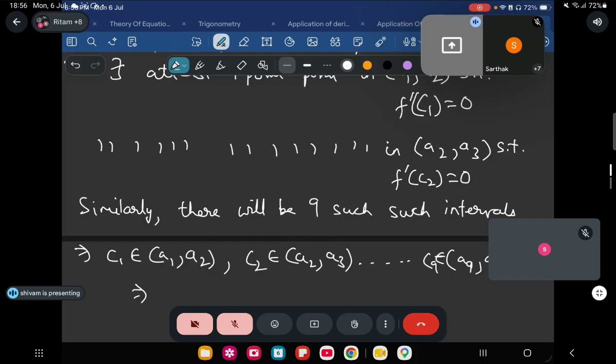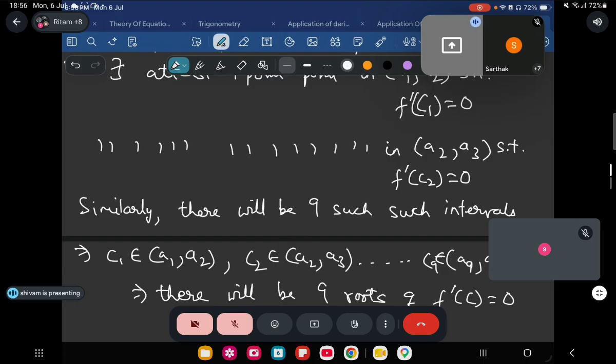This implies there will be 9 roots of f dash c equal to 0.